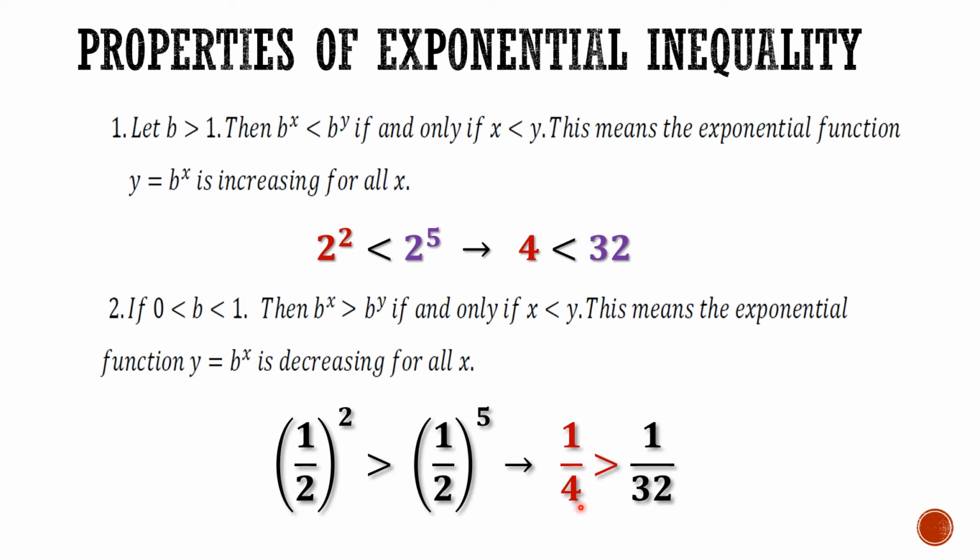Ang 1/4 ay mas mataas, malaki ang value kaysa sa 1/32. Kasi when we talk about fraction, kung mataas ang value ng denominator niya, ibig sabihin, mababa ang kanyang value. Pero pag maliit ang value ng kanyang denominator, ang value ng fraction na yan ay mas malaki. Okay. So, that is now the difference between the two.